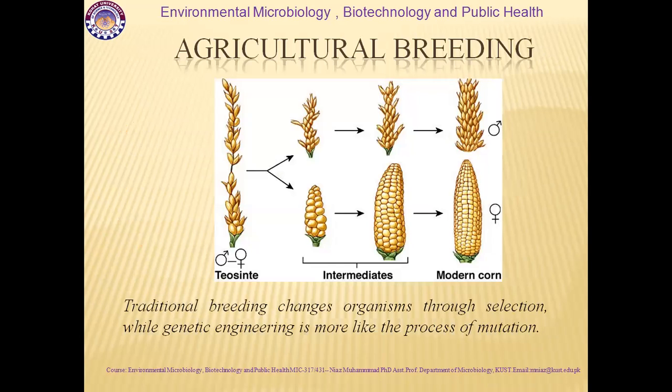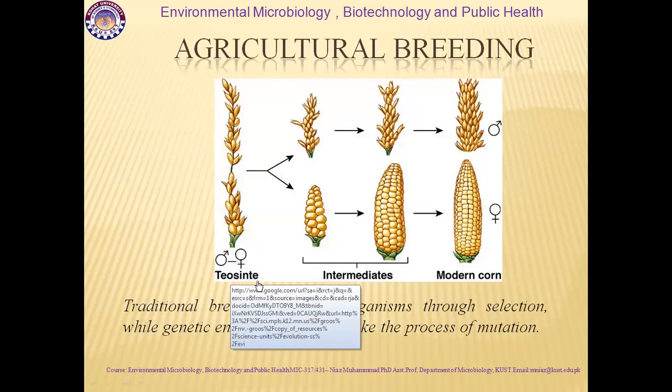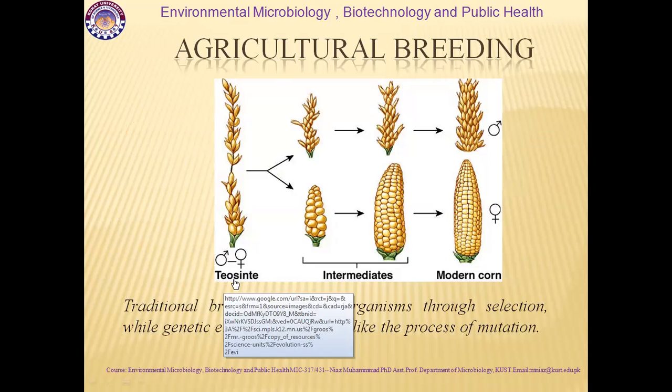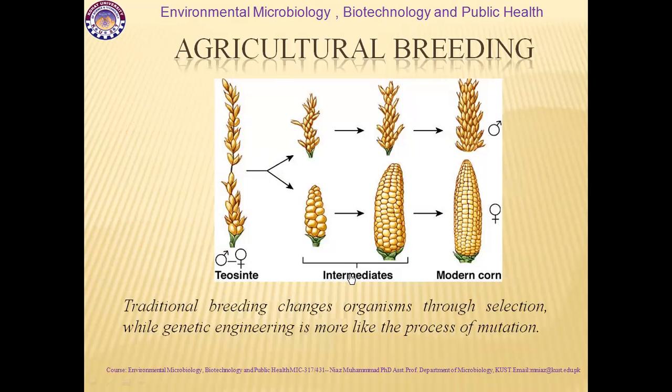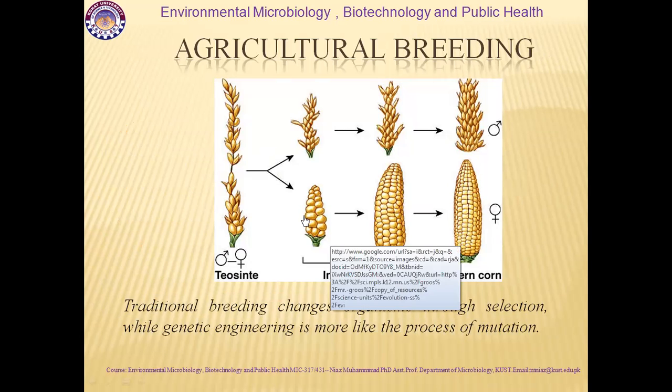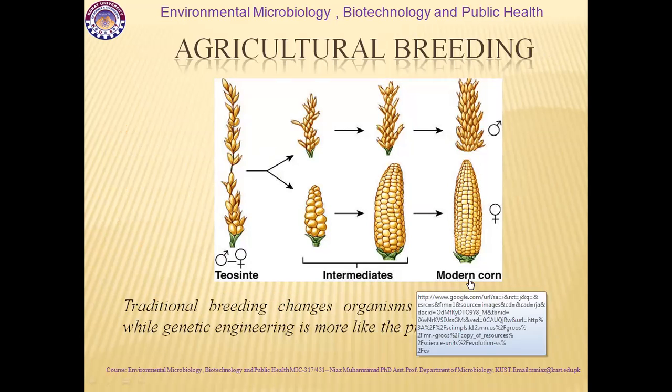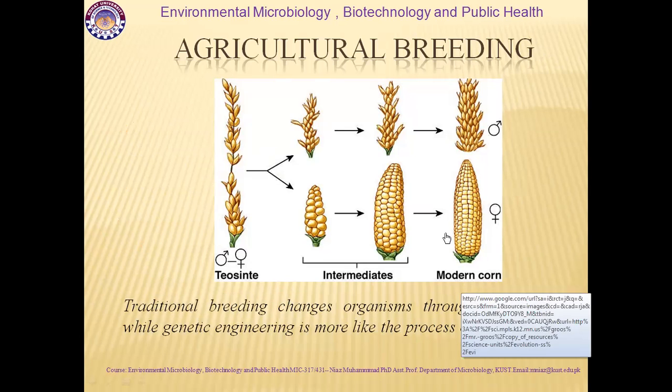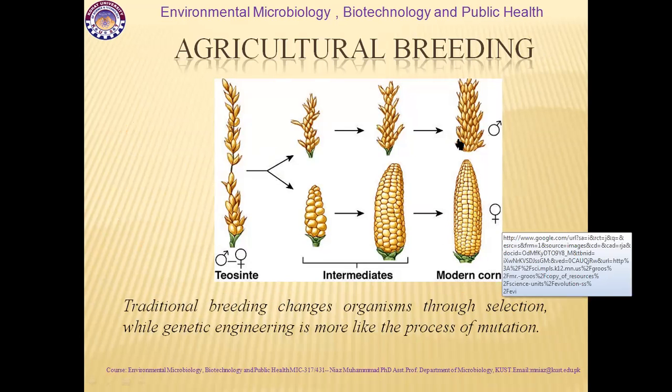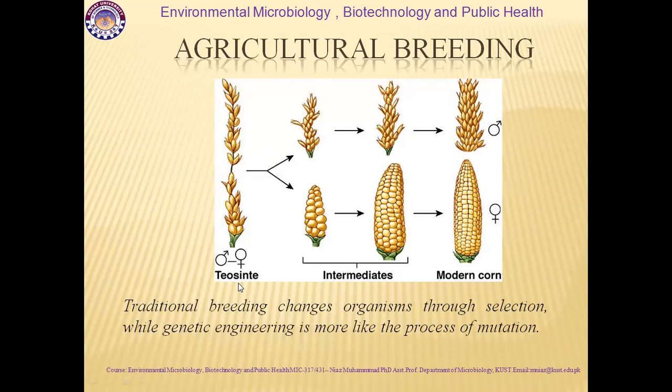So in agricultural breeding, they crossed over here, the intermediate and modern corn, female and male, you can see.